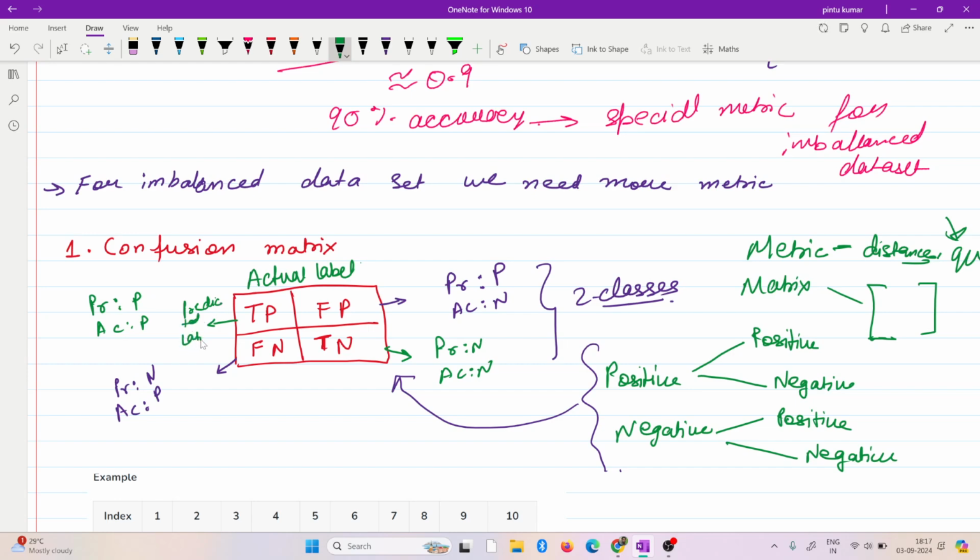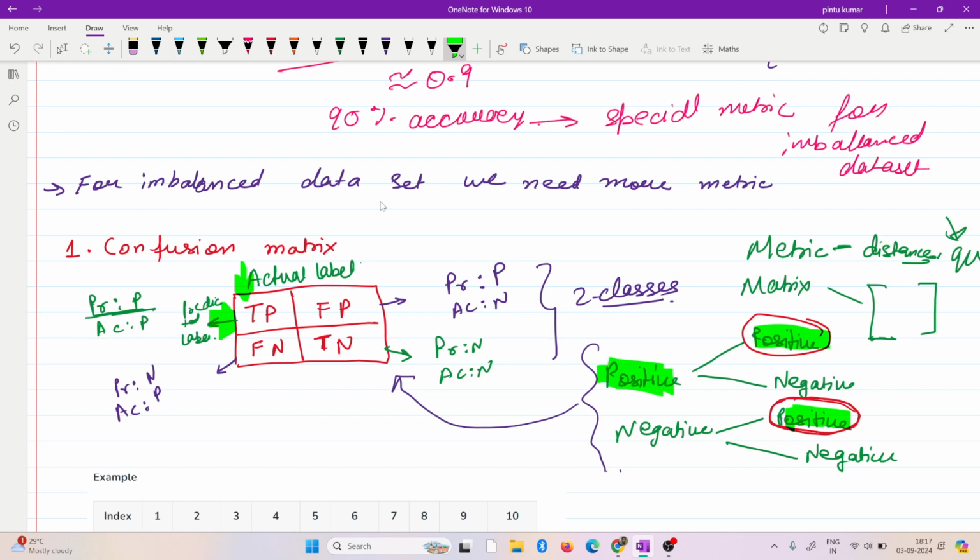What I mean by this is, the first row corresponds to your predicted label being positive. So your prediction is positive, and this corresponds to your first row. And the first column corresponds to the data point actually being positive.